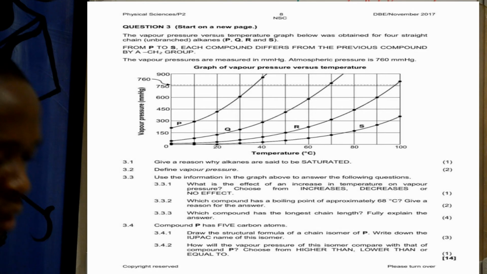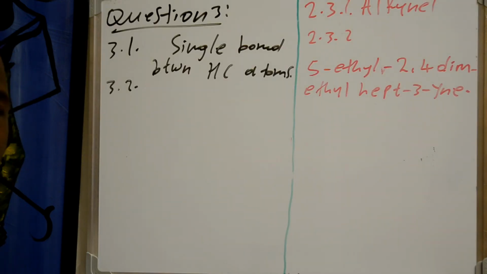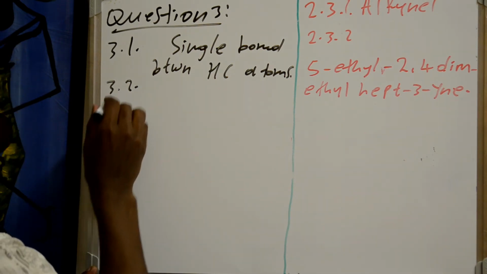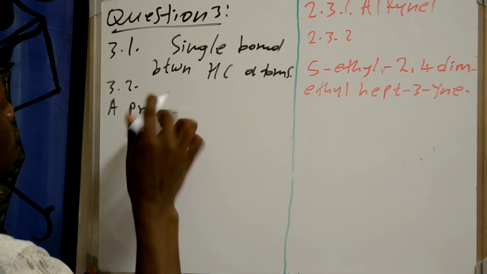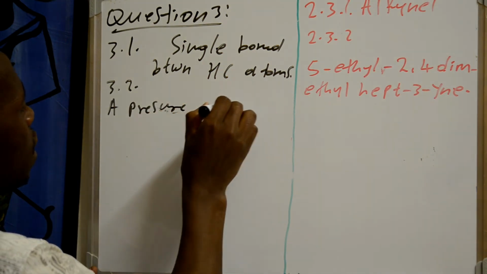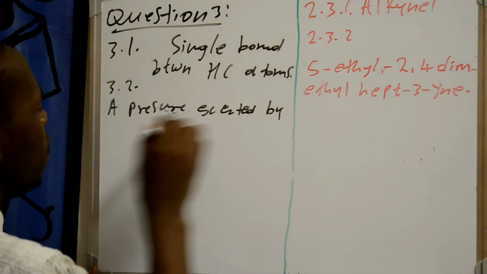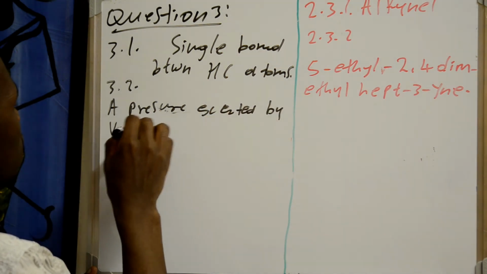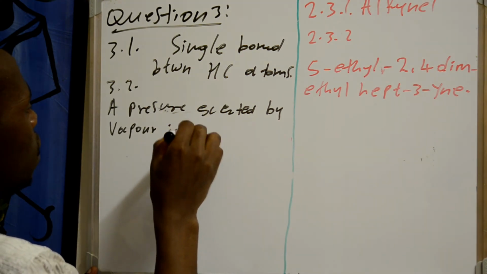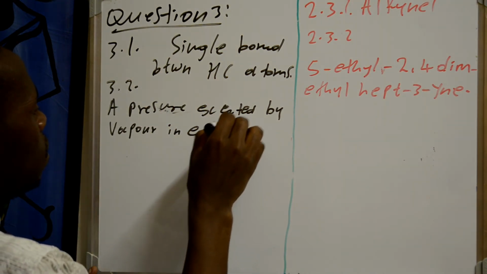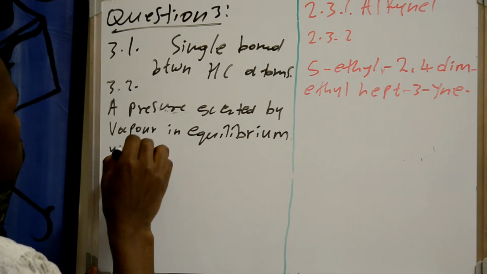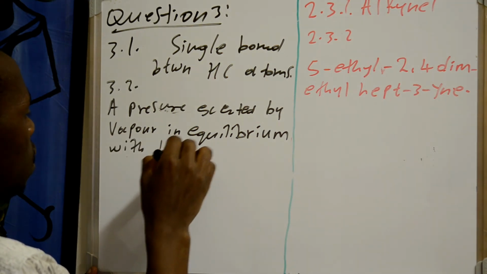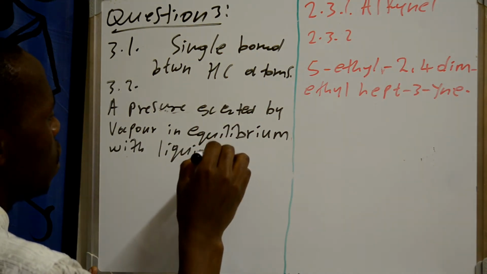Define vapor pressure. This is the pressure exerted by vapor in equilibrium with its liquid in a closed system.